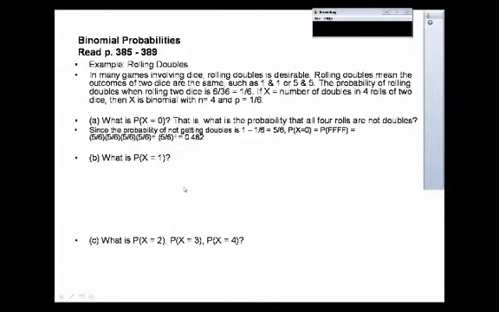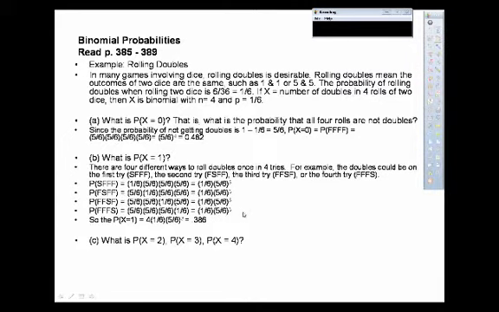What is the probability that X equals 1? Okay, that means that we have one success and 3 failures. So we can either get a success first and 3 failures, or we can get a success second, get a failure, then a success, and then 2 failures. Or we could get 2 failures, then a success, then a failure. Or we could get 3 failures and a success.